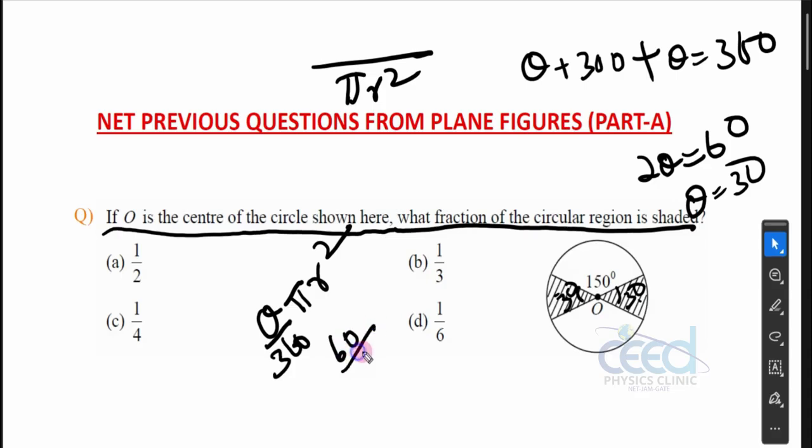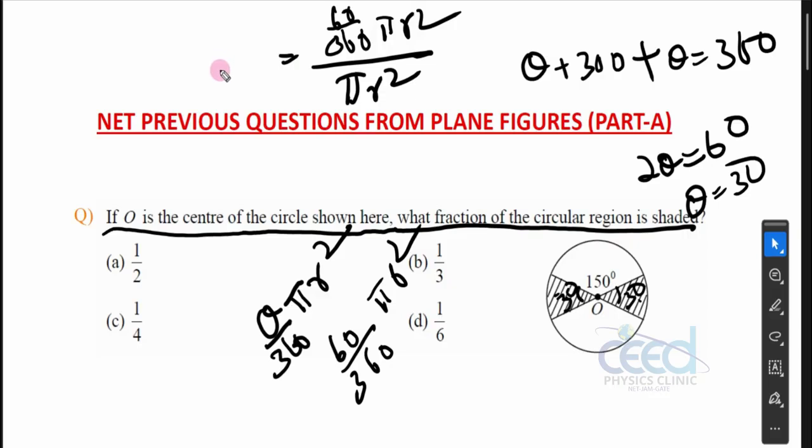Then 60 by 360 into pi r square, this is the fraction of area shaded. Then pi r square cancels. 360 by 360, that is 1 by 6, since 6 into 6 only is 360.